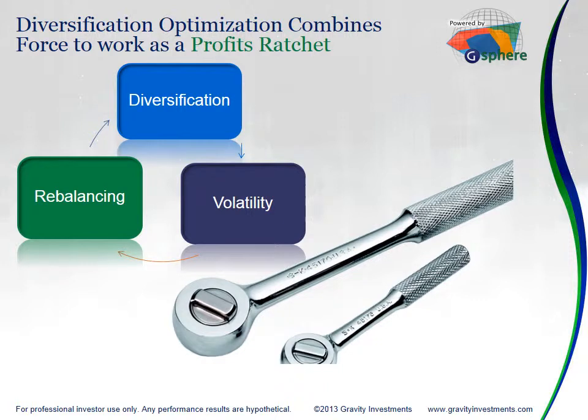So looking at diversification from a modern portfolio theory view, I'm going to talk about mean variance optimization specifically here. Now, mean variance optimization was a great step towards getting diversification.